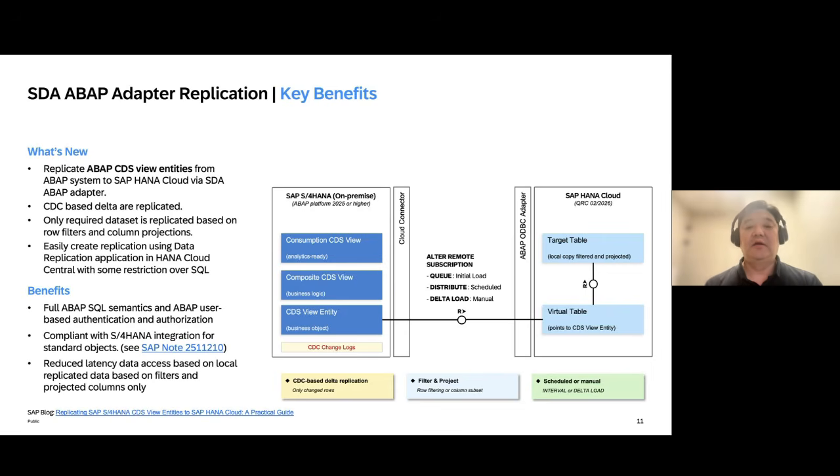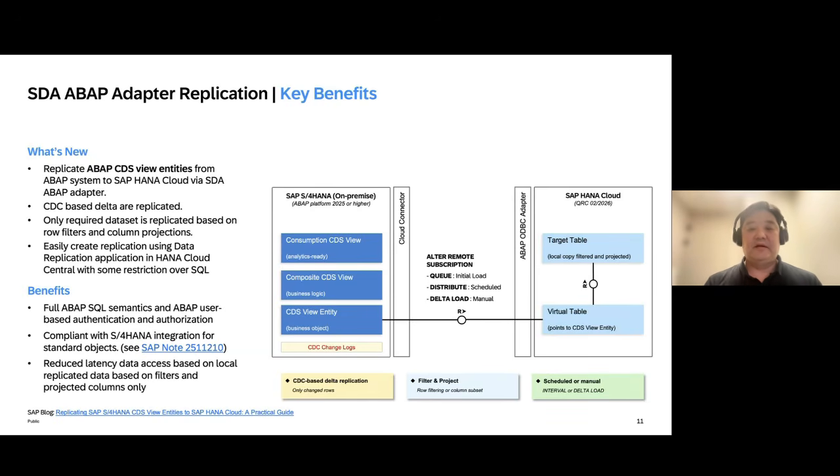But it was not fully compliant with S/4 as it was referencing data that is underneath the application side. With this new enhancement, we're now fully compliant with the application side, whereas we're replicating based on the application. So the connection from the HANA Cloud to the ABAP environment is a connection to the application itself.